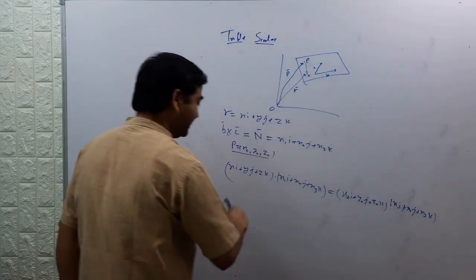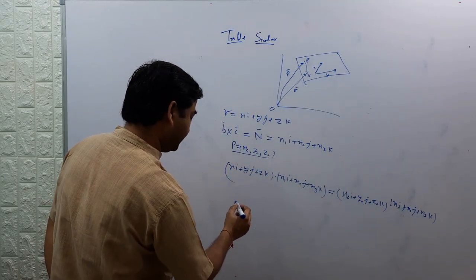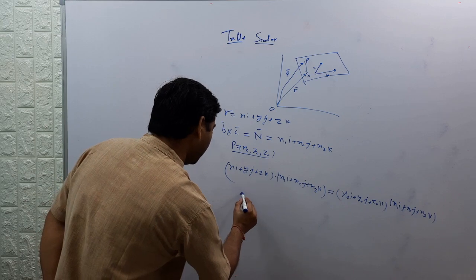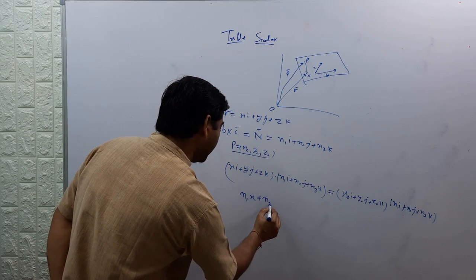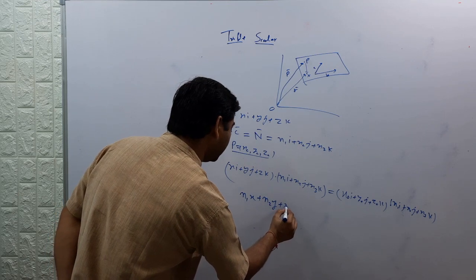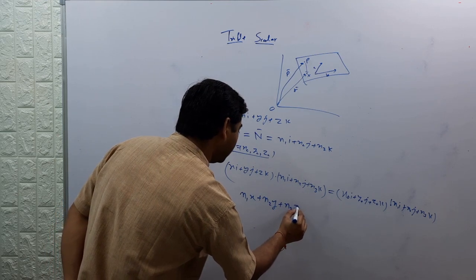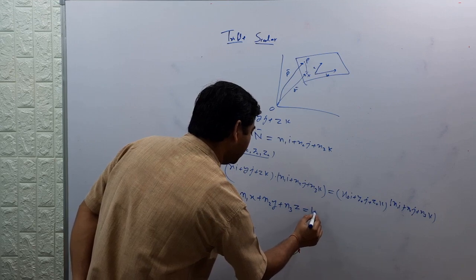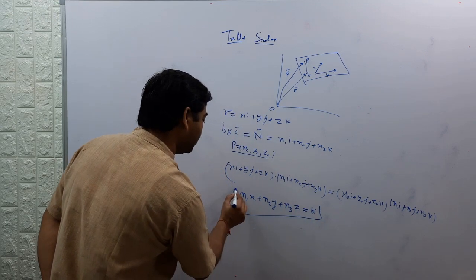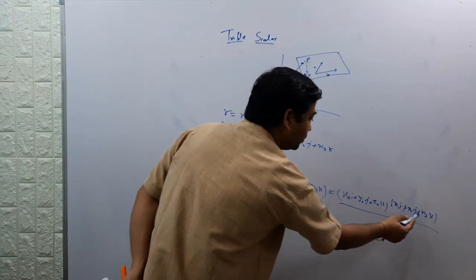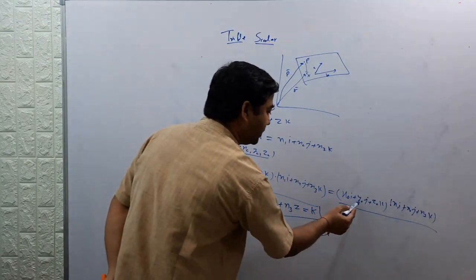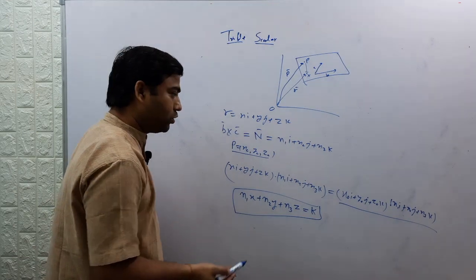So this you will get in terms of n1x plus n2y plus n3z is equal to k, a constant. This is a dot product where n1, n2, n3 are coefficients, and x0, y0, z0 are the point.